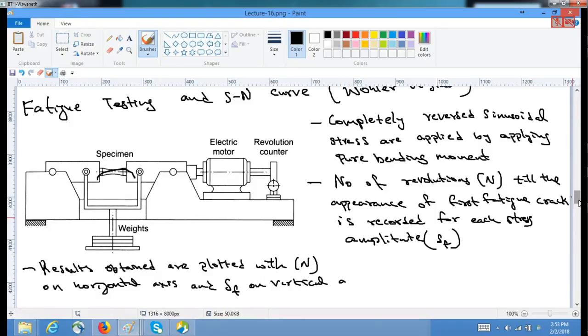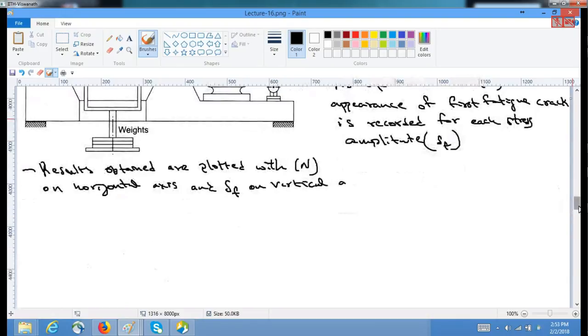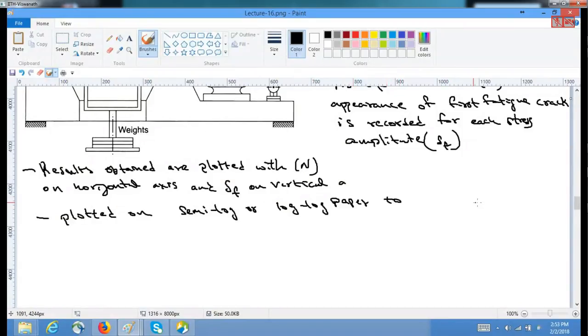Generally, this is plotted on a semi-log plot, or it can be both log paper, to emphasize the bend. We will give you an example of this using a picture.